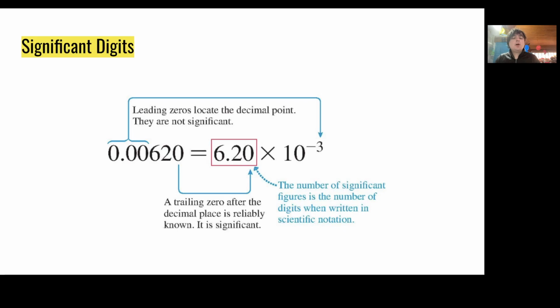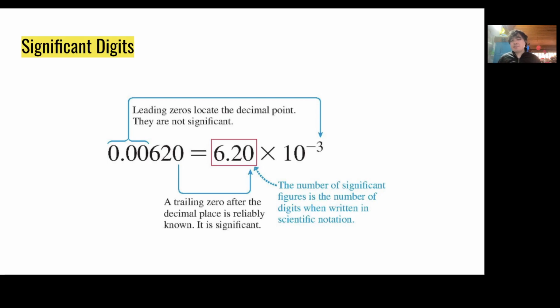Okay, so usually the best thing to do with any value that was measured is to convert it into significant digits. And this is because you won't get confused by some of the rules, such as leading zeros before the numbers are non-significant, but zeros after the decimal point are.